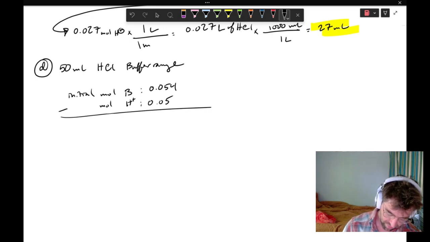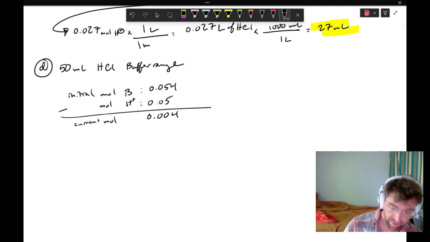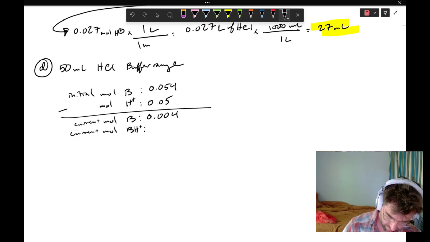So moles of base minus moles of a strong acid gives us 0.004, and that's current moles of base left over. And we're going to have current moles of conjugate. And that is all of this.